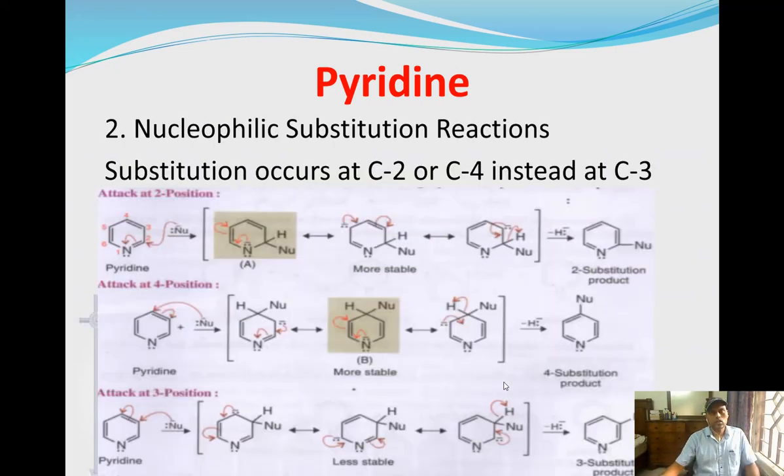So next is nucleophilic substitution reaction. The question is where the nucleophilic substitution is going to take place. It is going to occur at C2 or C4 instead of C3.